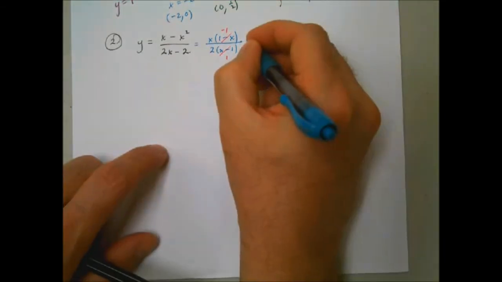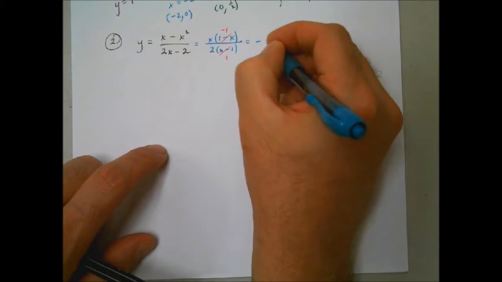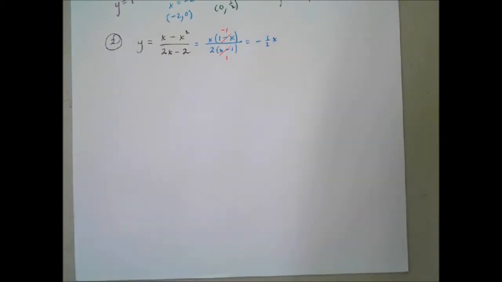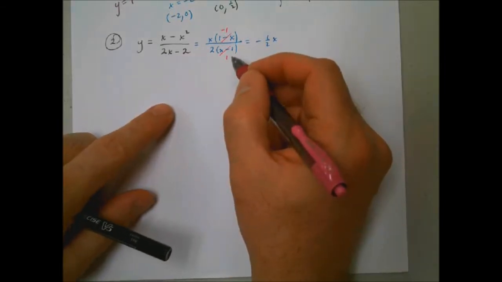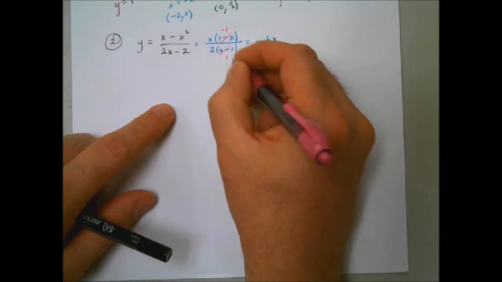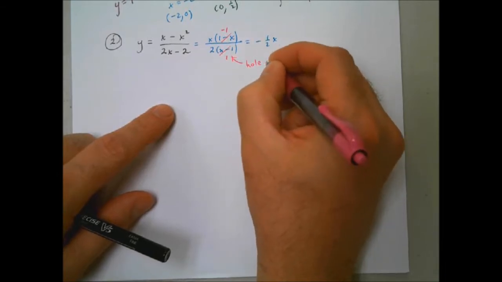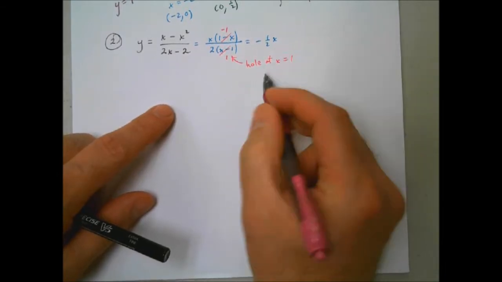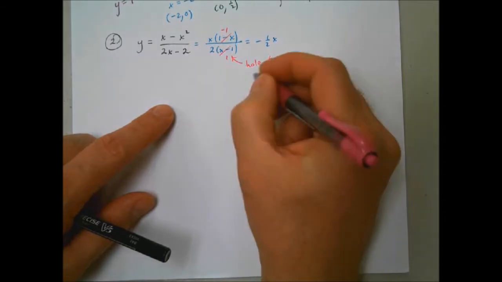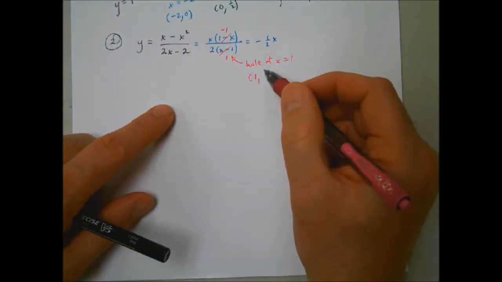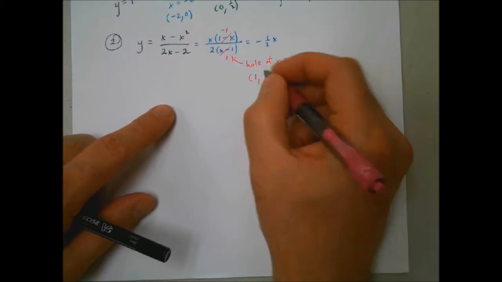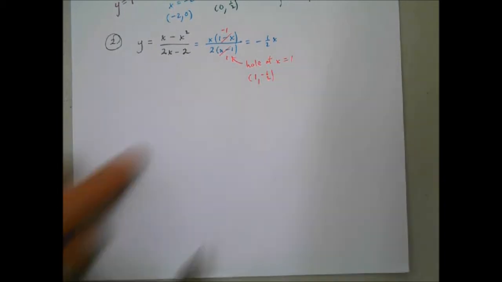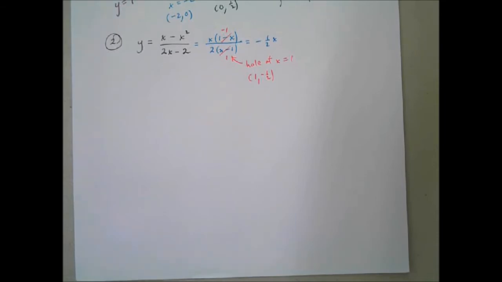And so that actually reduces to negative 1/2 x, or negative x over 2. Now, don't forget the fact that a 0 that was in the denominator reduced. We have a hole at x equals 1. We want to know specifically where it's at, so 1 comma. If I input the 1 into the reduced equation, we would get negative 1/2. So I have a hole there.